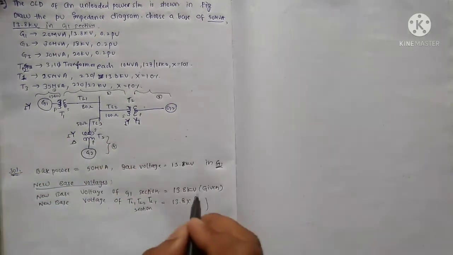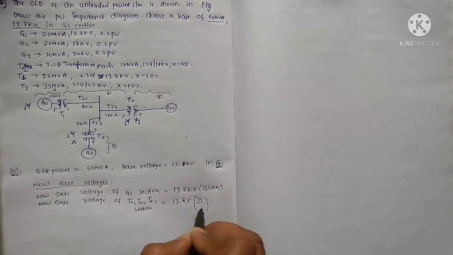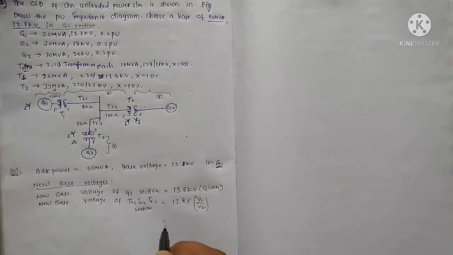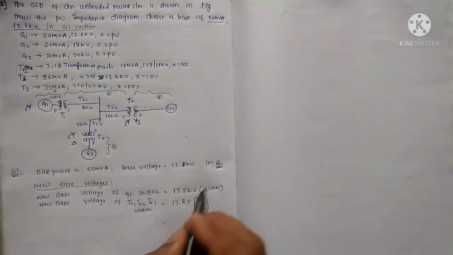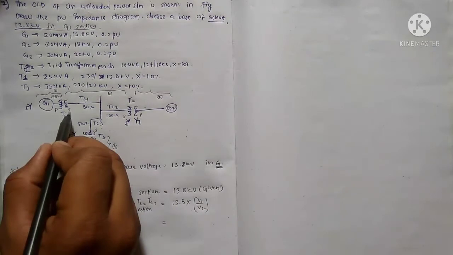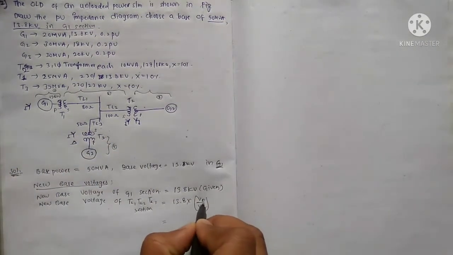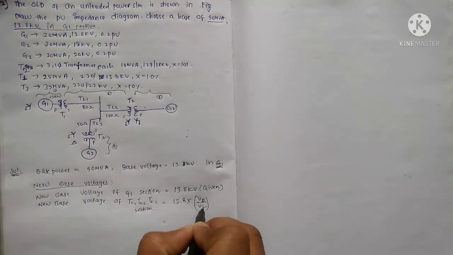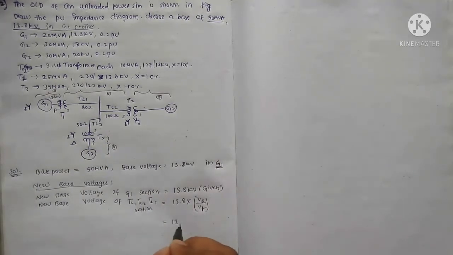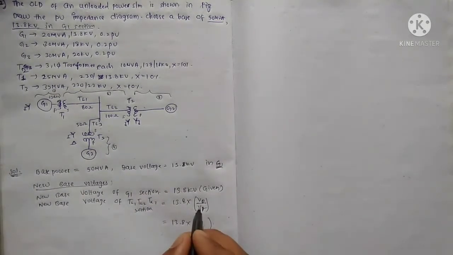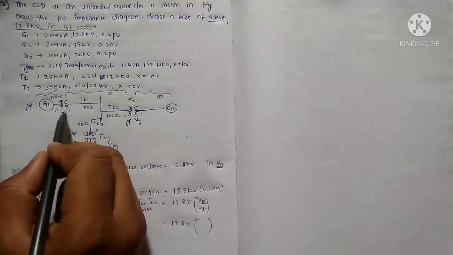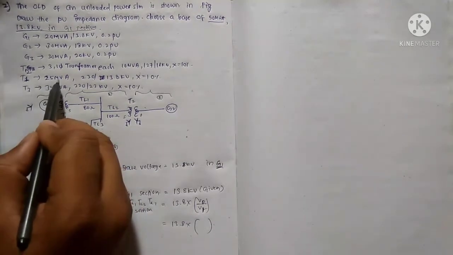What is the formula? Primary to secondary means multiplied by V2 by V1, that is, we just multiply by k. 13.8 multiplied by V2 by V1 of transformer T1, which is here.